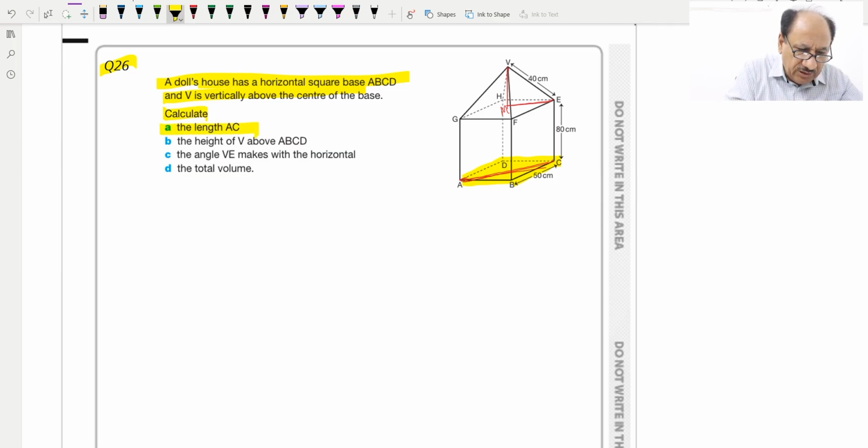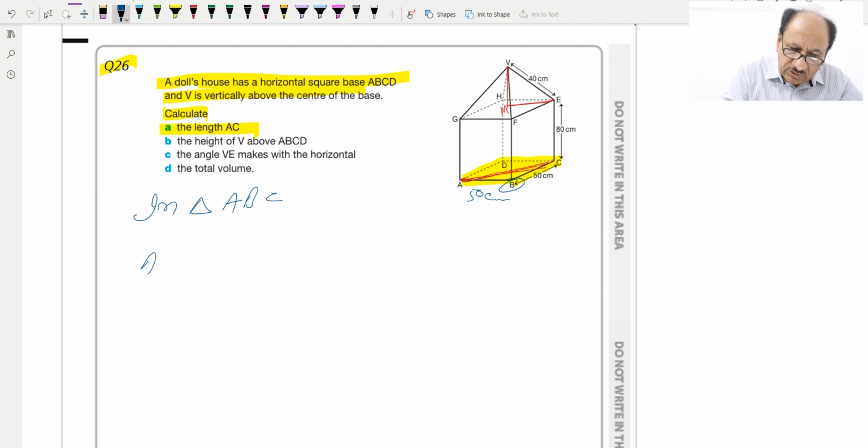AC is the diagonal. So we will consider the triangle ABC. In triangle ABC, keep in mind B is a right angle, so we can apply Pythagoras theorem. Both sides are 50, this side is also 50 centimeters.